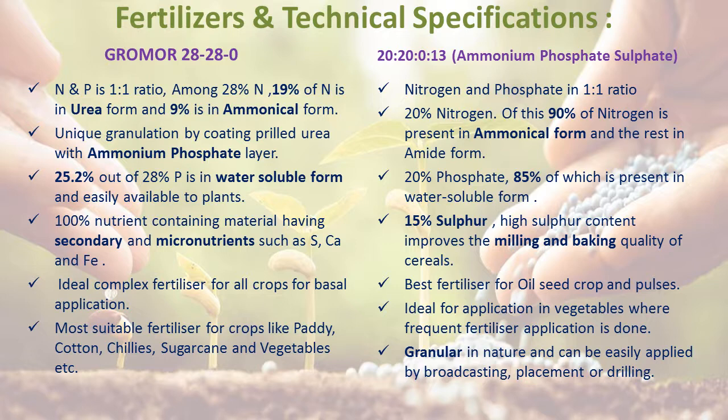And of the 28% phosphorus, 25.2% is in water soluble form, and it is very much essential for the plant. And next, that is 100% of nutrients, with secondary nutrients and micronutrients also available, like sulfur, calcium, iron, etc.